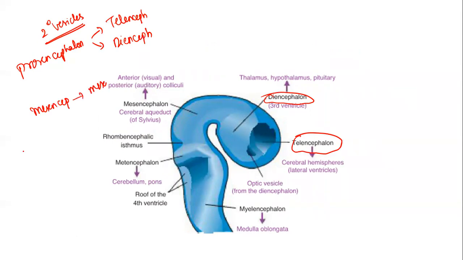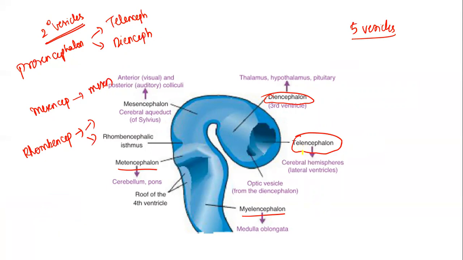And similarly, if you take the rhombencephalon, it gives rise to two structures again. One is the metencephalon, another one is myelencephalon. So totally for the development of brain, there are 5 vesicles, right? 2 from the prosencephalon, 2 from the rhombencephalon, 1 from the mesencephalon. So we have to know what are the derivatives of each.